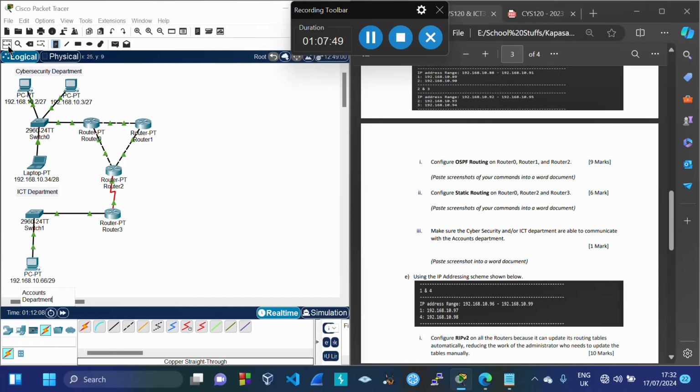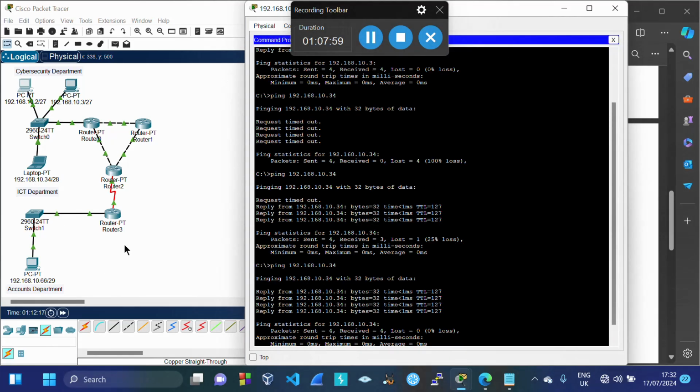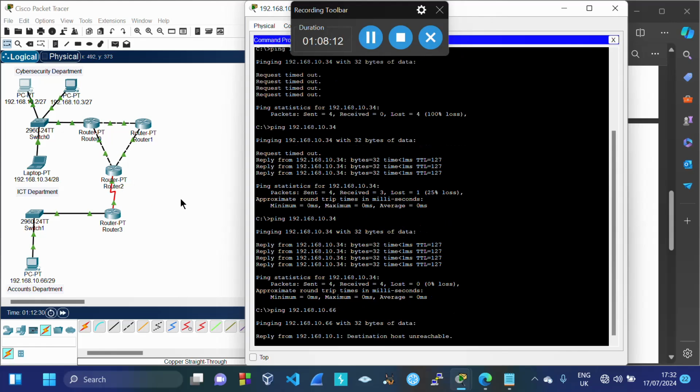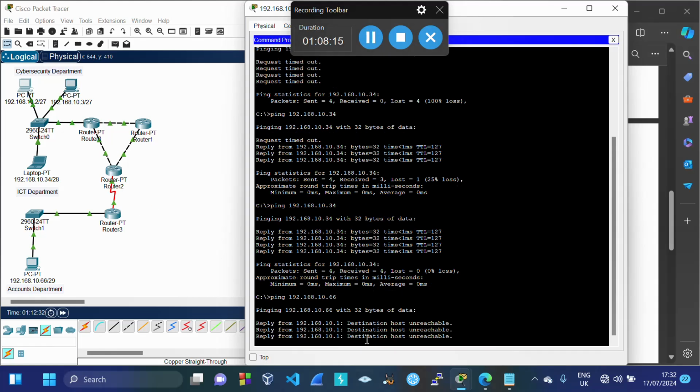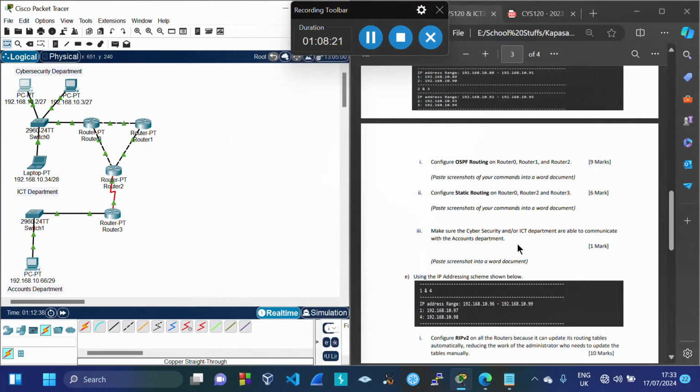If a device from cybersecurity or ICT wanted to see if they can communicate with this department, which is the accounts department, and they are using .66, it cannot be possible yet because we don't have a routing protocol here. If I press enter, it says destination host unreachable, because I don't have any protocol configured here. No wonder now we are going to talk about static.